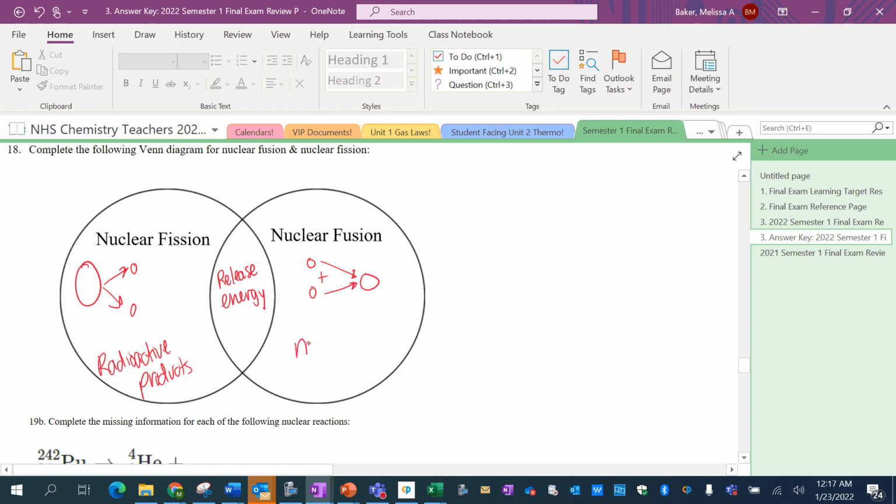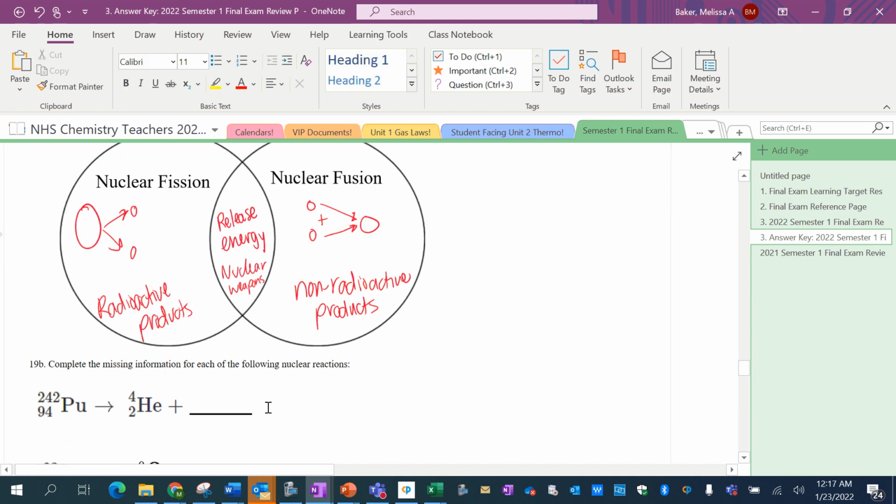Fusion, non-radioactive products. They're both used in nuclear weapons. You could probably come up with more.